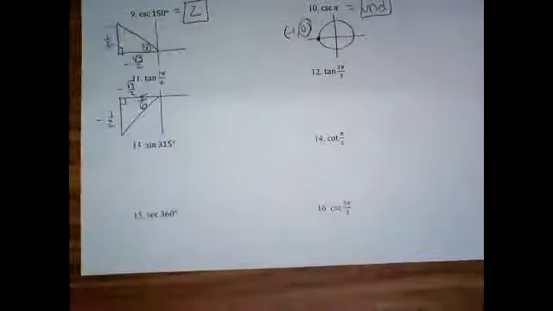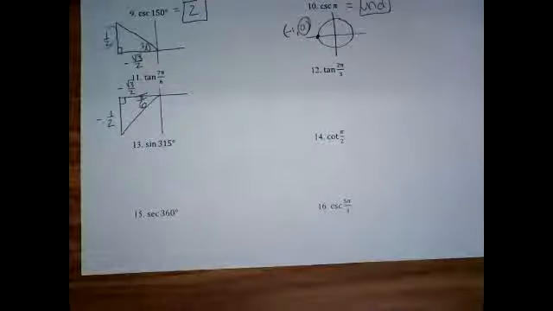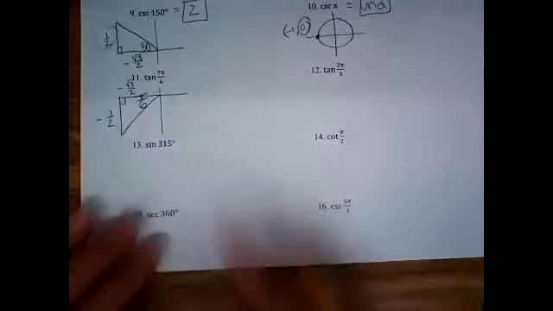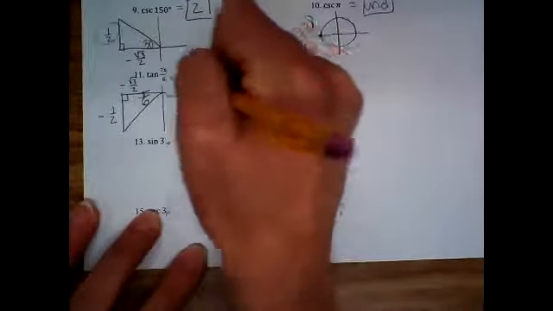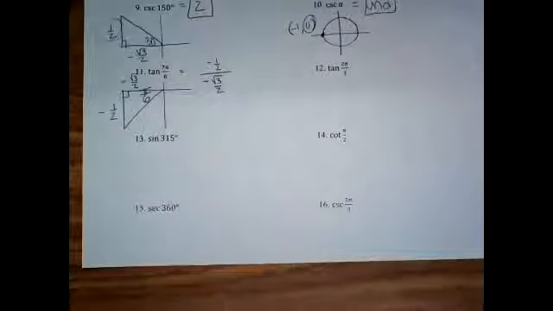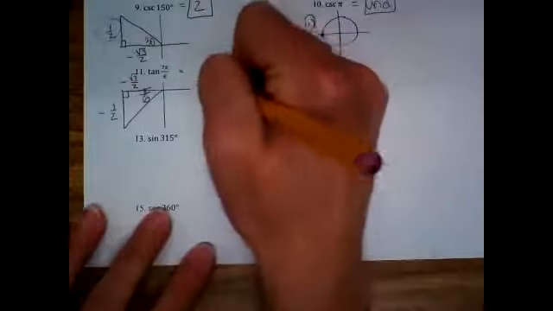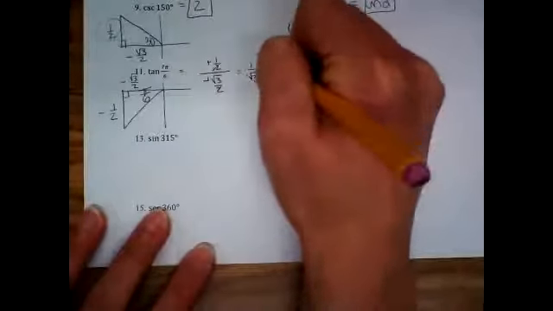They are both negative. All right, tangent is what over what? Y over x, good. It's going to be -1/2 over negative square root of 3 over 2. So what cancels out? The 2's and the negatives. Good. You get 1 over square root of 3 and then rationalize it, square root of 3 over 3.